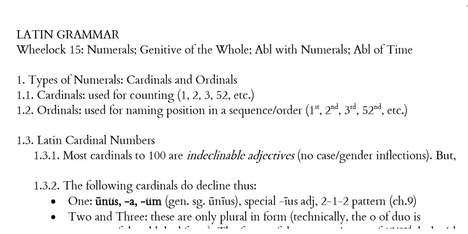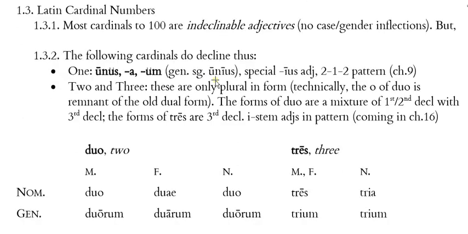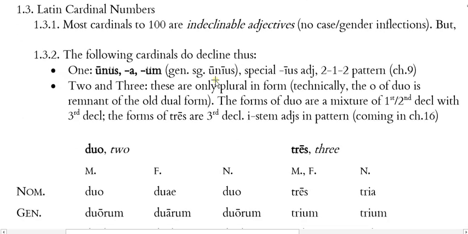So Latin has both cardinal and ordinal numbers. We want to talk about those here in our lesson today. The Latin cardinal numbers: what we see first of all is that the cardinals up to 100 are indeclinable adjectives, and what that means for us, which is actually good news, is that they don't change their form.